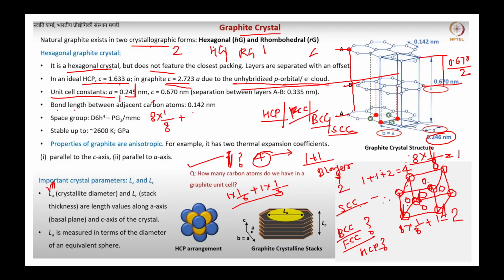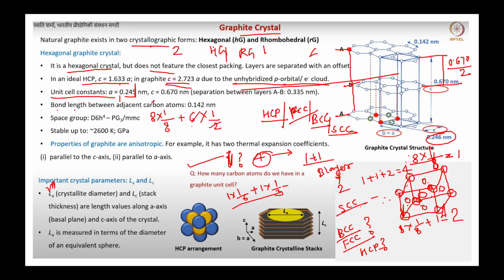One in front, one at the back, right? So 6 atoms. Now this atom will be shared with how many? This will only share with one unit cell, right? So 1 by 2.